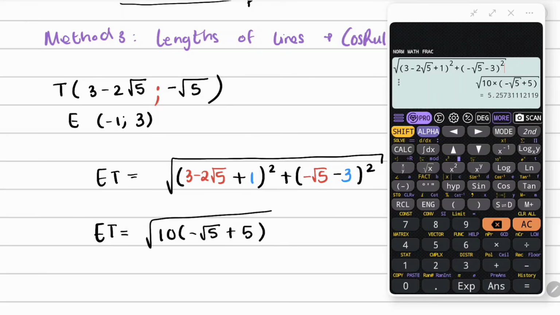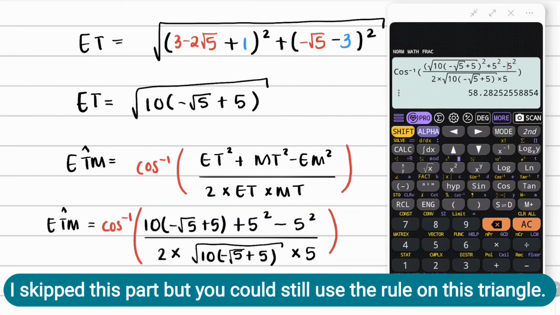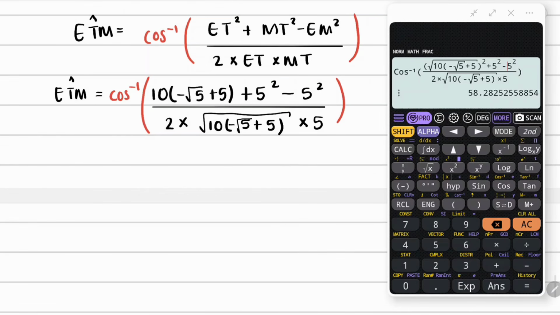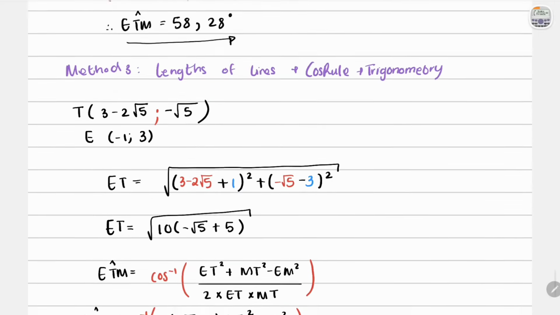Okay, so all of this. So you see that if we have this side now, we can actually use the cosine rule. You see the answer is actually exactly the same. So ETM is still equal to 58.28 degrees.